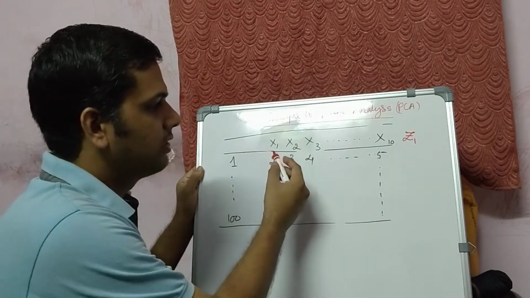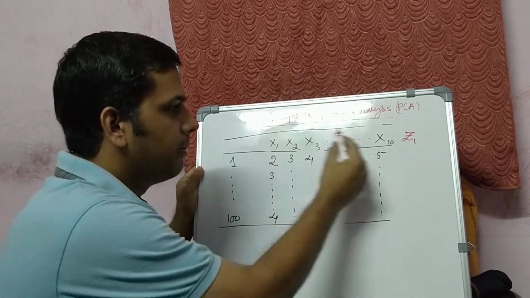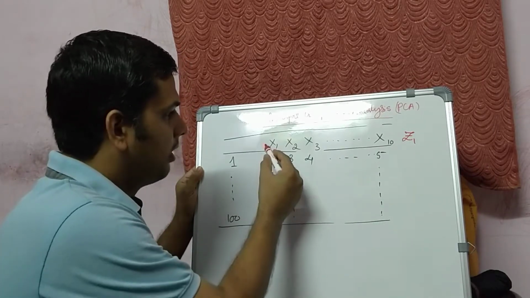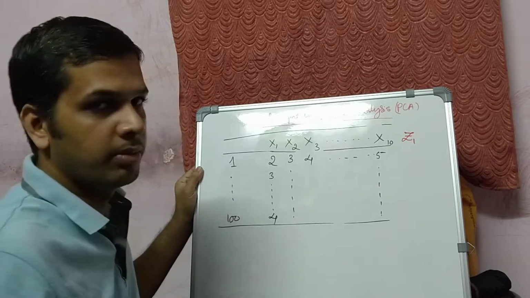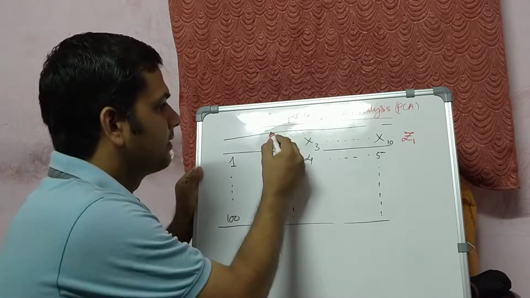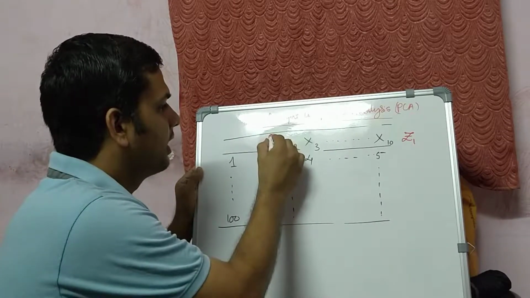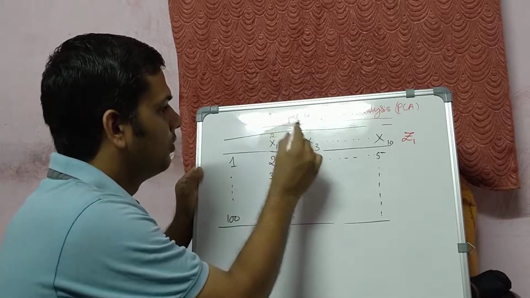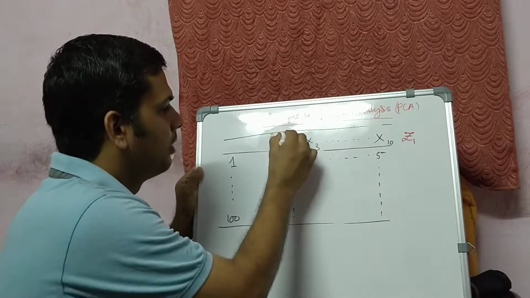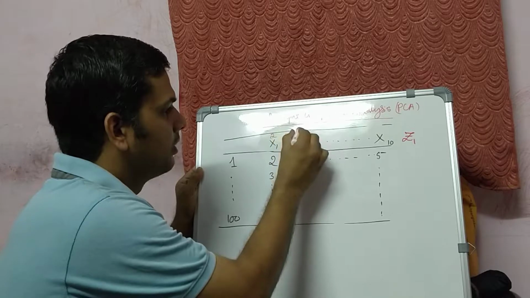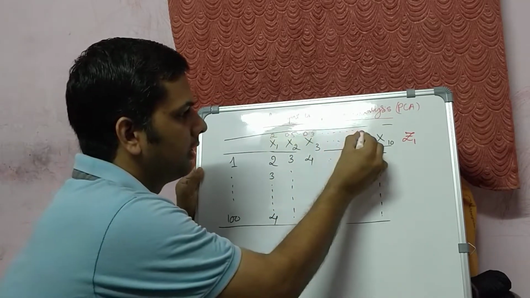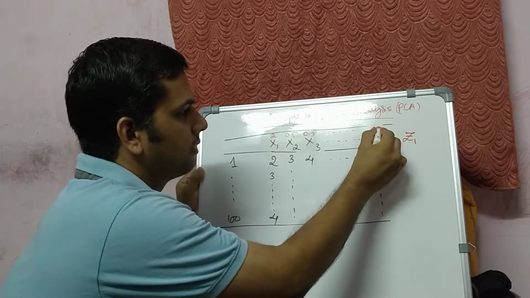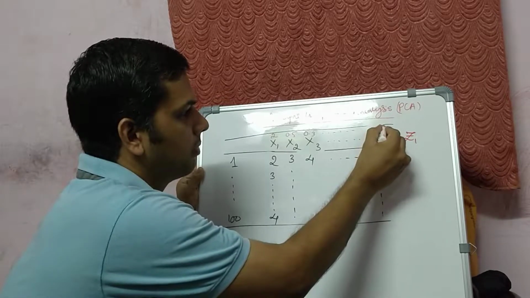It tries to find Z1 by combining all these features, by giving them loadings. For example, the first x1 got 2, this one got 0.5, this one got 0.3. Similarly, this one is, let's say, 0.5.